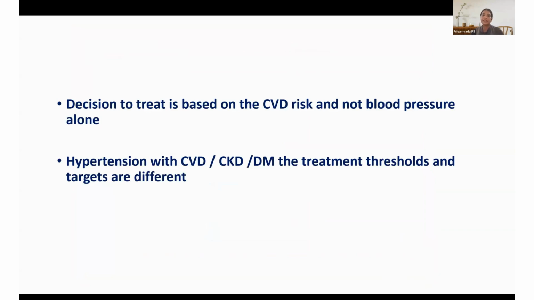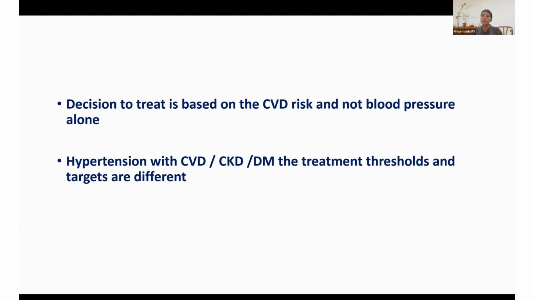And the decision to treat is based on the cardiovascular risk and not blood pressure alone. Again, if the office blood pressure is consistently more than 140 by 90, and if we document a blood pressure of 135 by 85 with out of the office measurements, that type of patients we will treat.